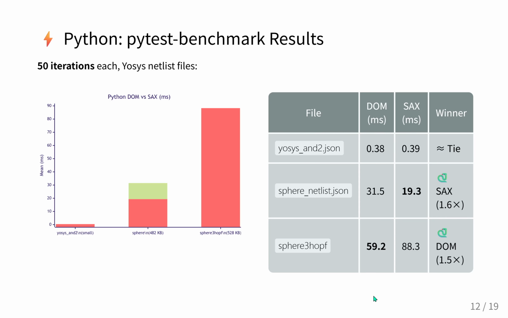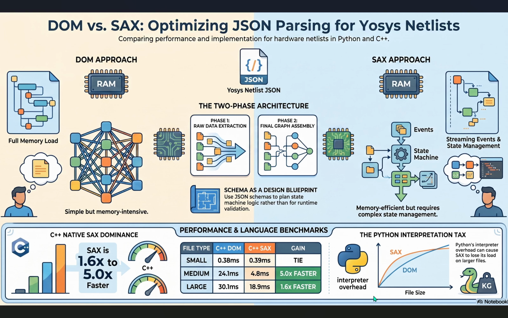Now, think about what SAX is doing. Every single time the parser finds a bracket or a word or a number in this multi-gigabyte file, it fires an event. That event has to be caught and processed by a pure Python event loop. Oh boy. Yeah. On a massive file, SAX generates an astronomical number of these tiny microevents.